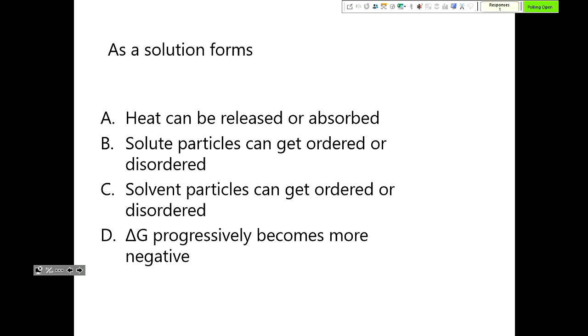Solute particles can get ordered or disordered. Solvent particles can get ordered or disordered. And then delta G progressively becomes more and more negative as the solution forms, which is true.